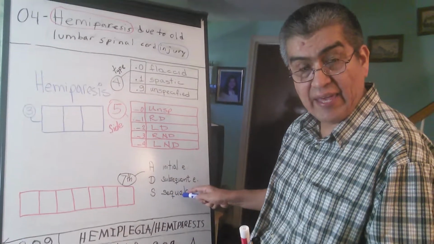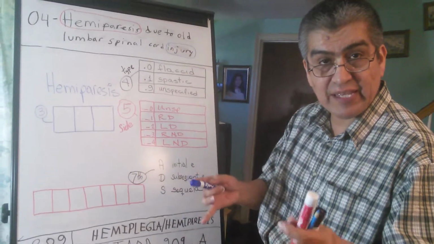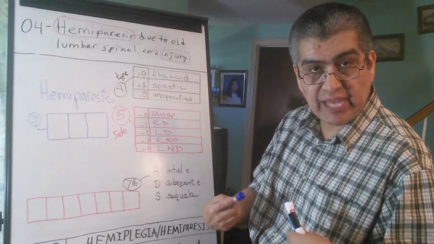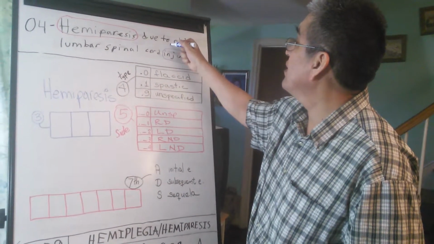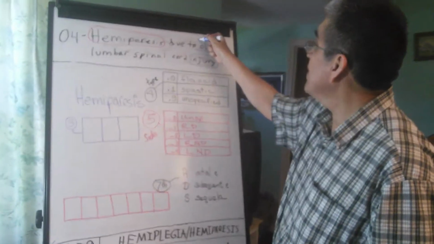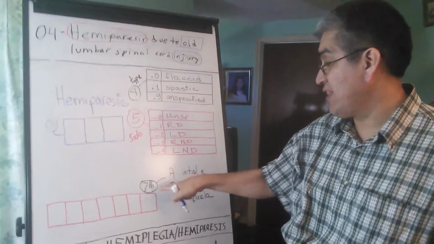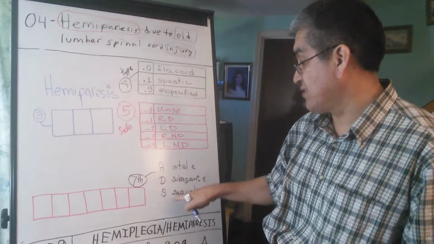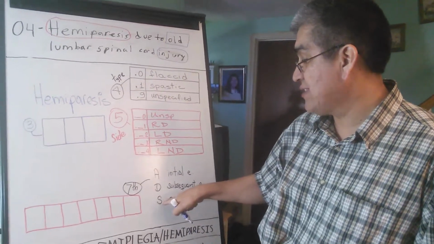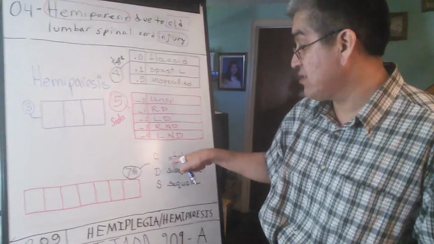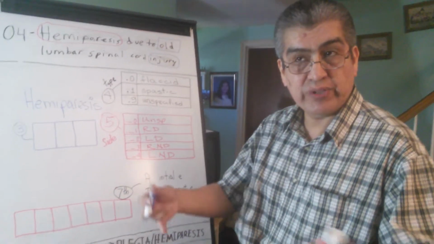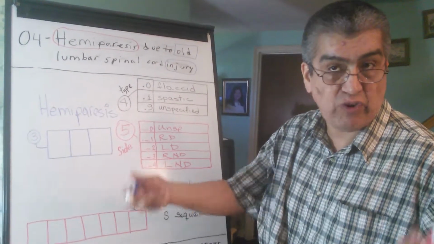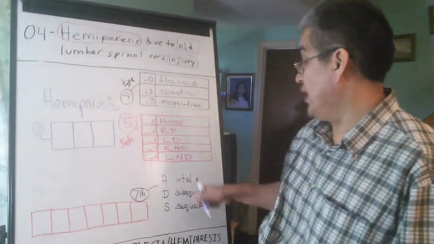A sequela is when it happened some time ago, and because of that you have it. The word old here means that the 7th character is a sequela, because it's not subsequent and it's not the initial encounter. It happened after you were discharged, maybe a few days or a few weeks after. That's a sequela, so we need an S.